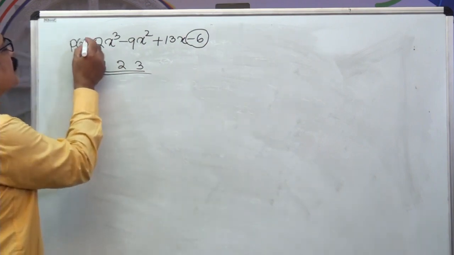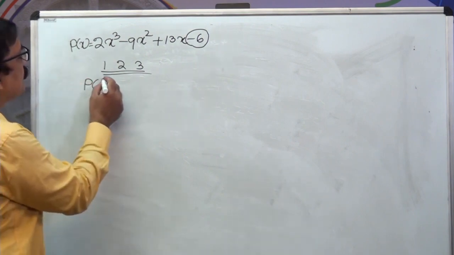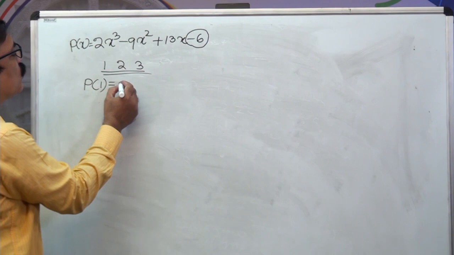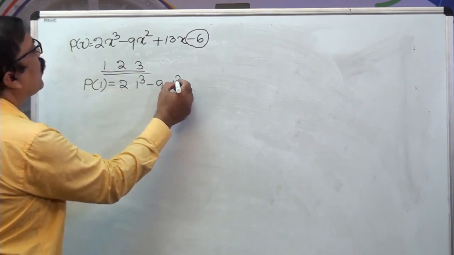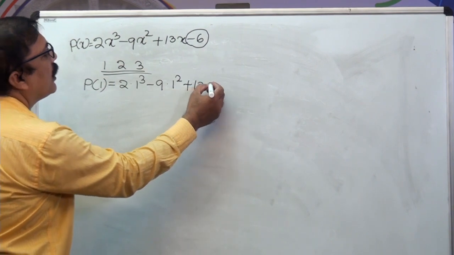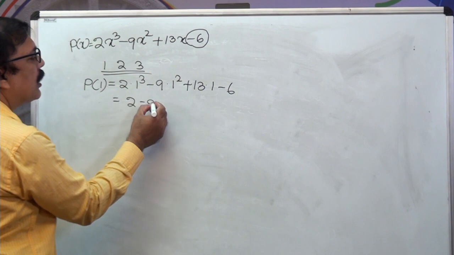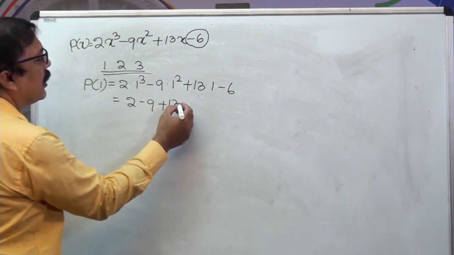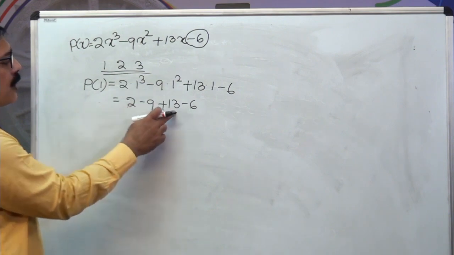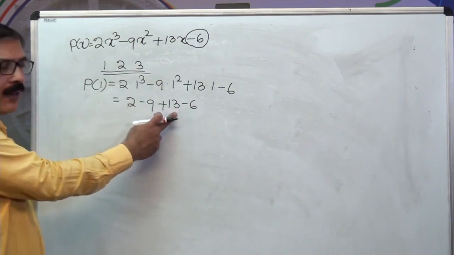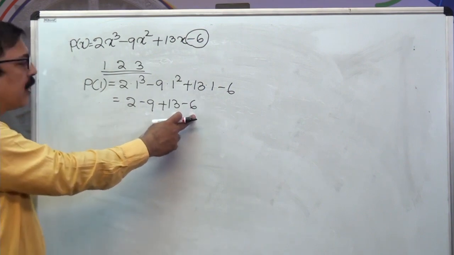P(x) is this, now P(1) is 2 into 1 cube minus 9 into 1 square plus 13 into 1 minus 6. That gives 2 minus 9 plus 13 minus 6. See, 2 plus 13 is 15. Minus 9 minus 6 is minus 15.